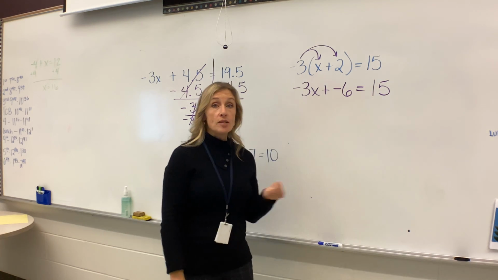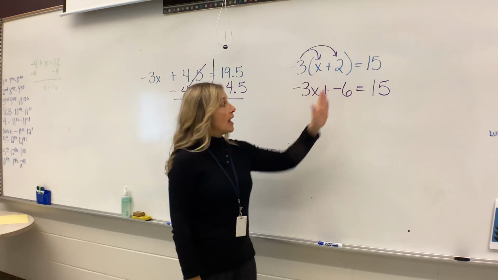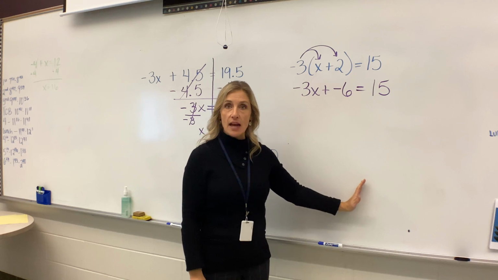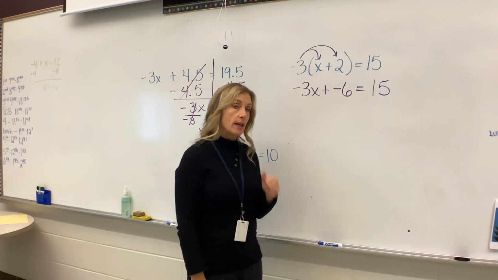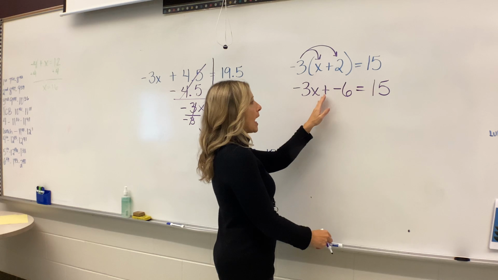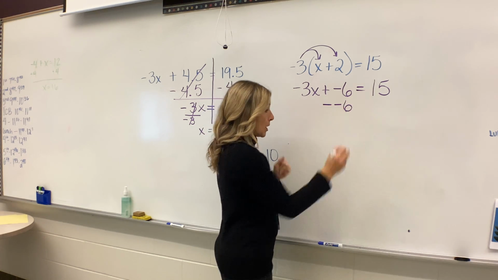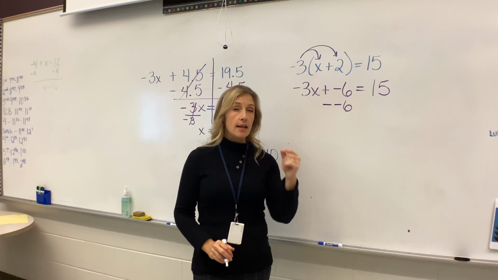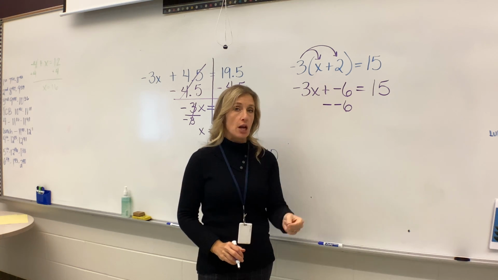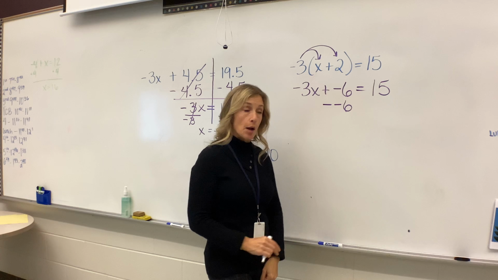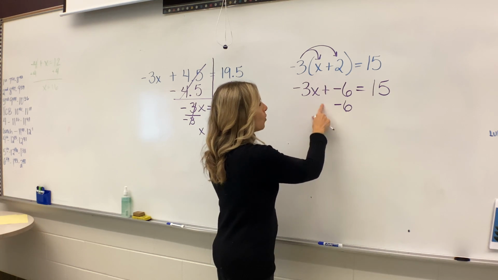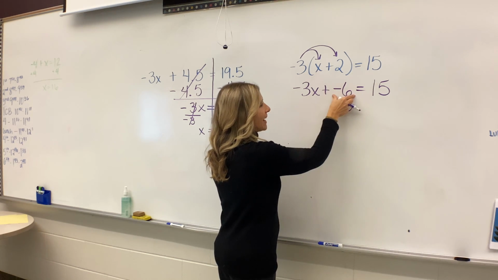From here, I have a two-step equation like the one we just did. I can draw a line down the equal sign if that helps me see the two sides, or I can proceed like normal. The opposite of adding -6 is subtracting -6, but remember, subtracting a negative, if you use keep, change, change, is actually the same thing as adding a positive. If I think about why that works, this is -6.